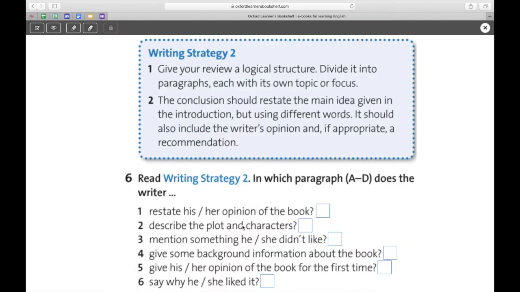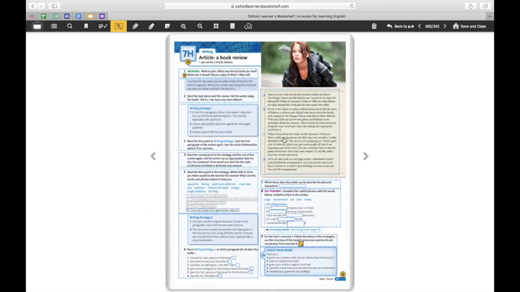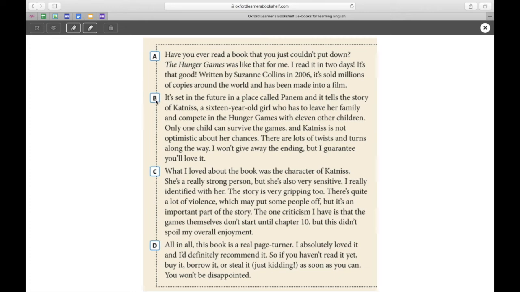Second, describe the plot and characters. Where do we describe the plot and characters? Usually, we do it just after the introduction. I bet this is in B. Yes, it's set in the future in a place called Panem. It tells the story of Katniss, a 16-year-old girl, okay?